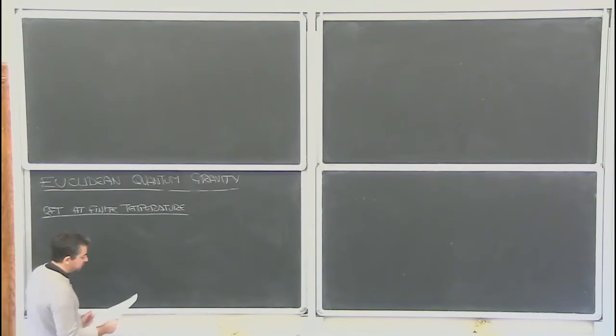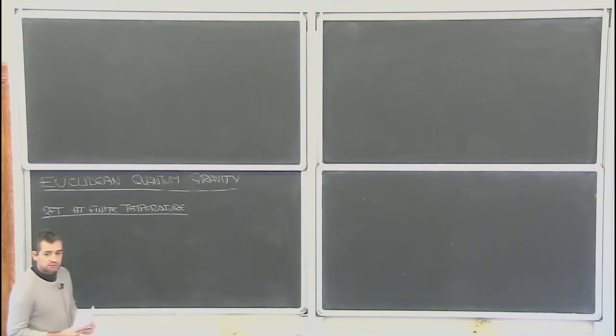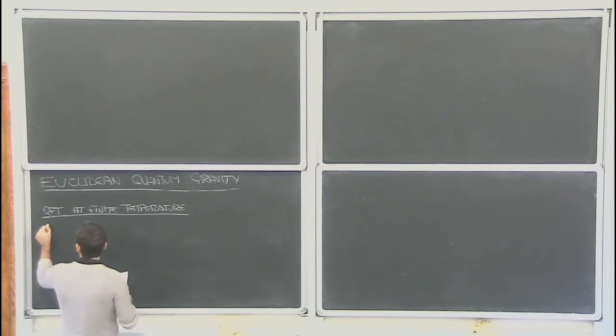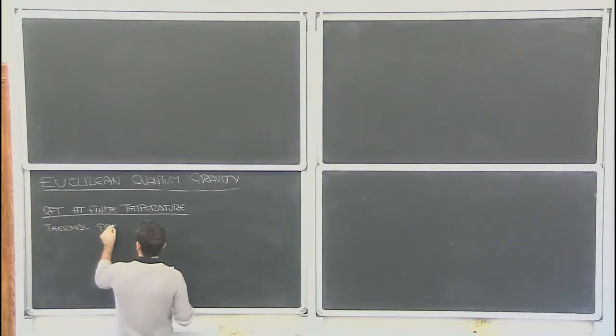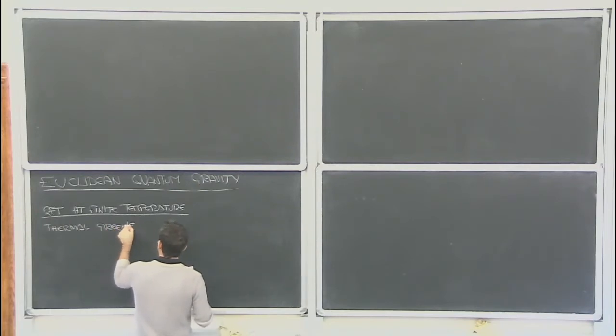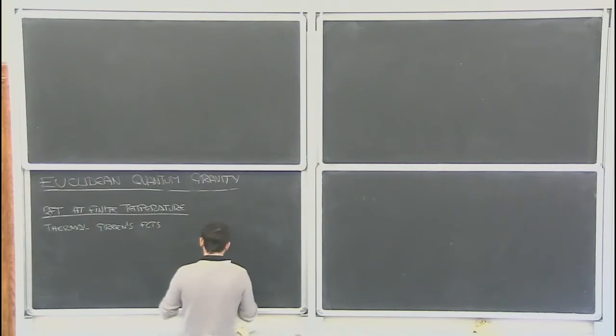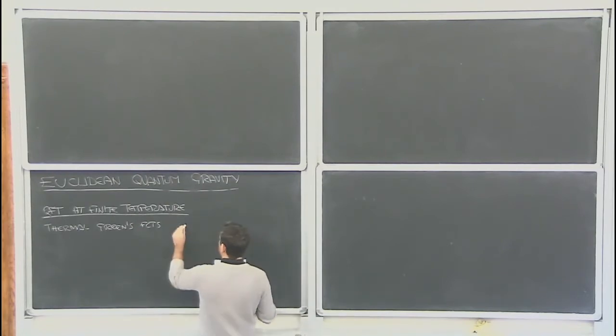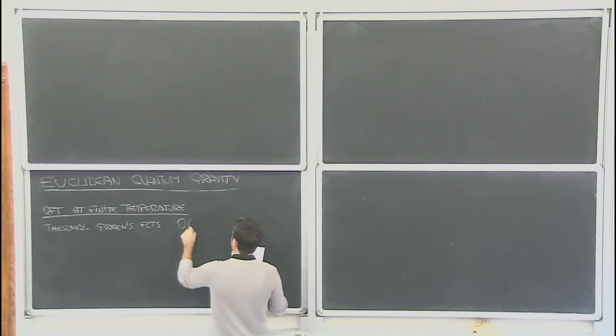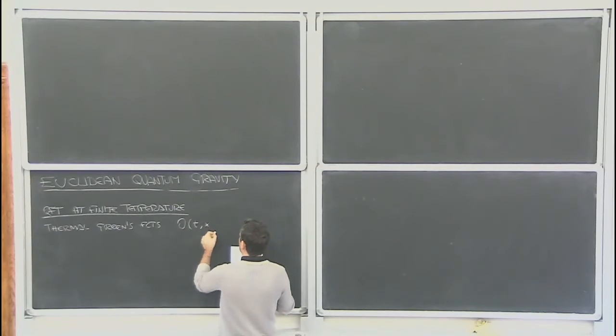So let's compute some thermal Green's functions, so two-point functions of some operators. I'm going to define this. For instance, we could do many things, but let's take a two-point function for some operator O that in principle depends on t and on the other coordinates x.